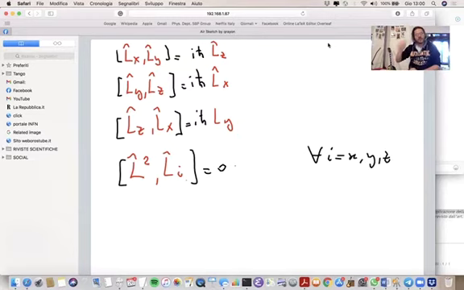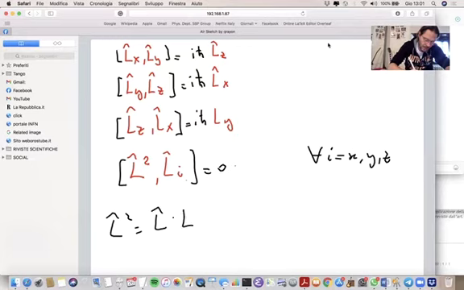So in other words, it is not possible to determine more than one component of the orbital angular momentum simultaneously. But it is possible to determine simultaneously one component and the square, or if you want the modulus square, of the orbital angular momentum.